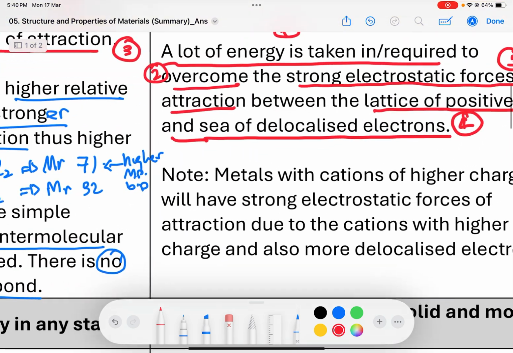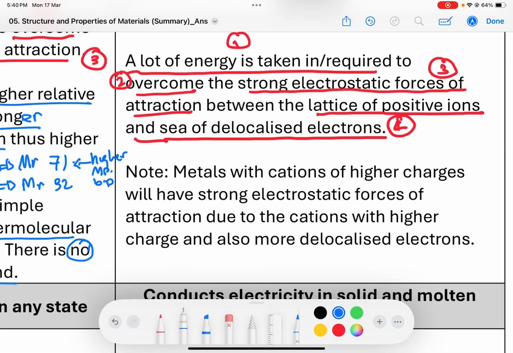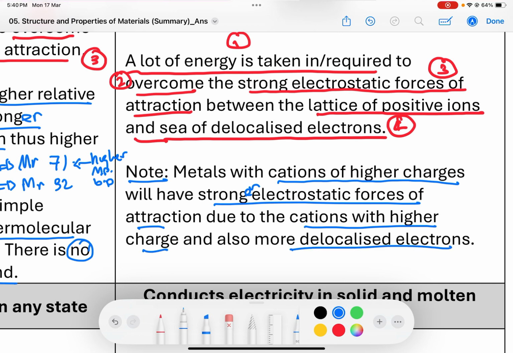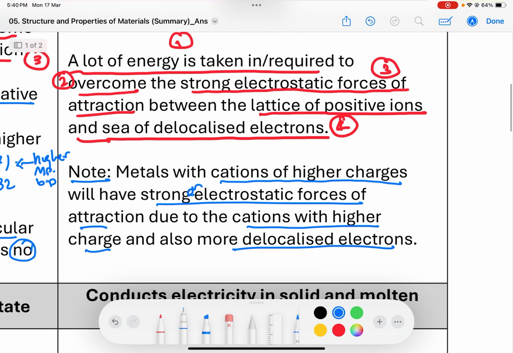Okay, now in terms of the note-wise, for metallic bonding, note that metals with cations of higher charges will have stronger electrostatic force of attraction, because cations with higher charge also have more delocalized electrons. So think about it, if my cation is 3+, you realize the charge is higher.